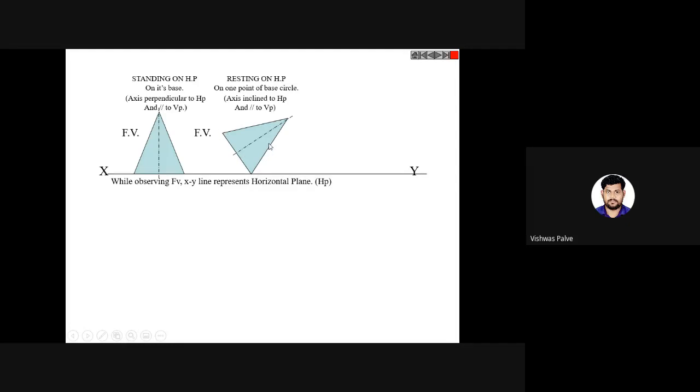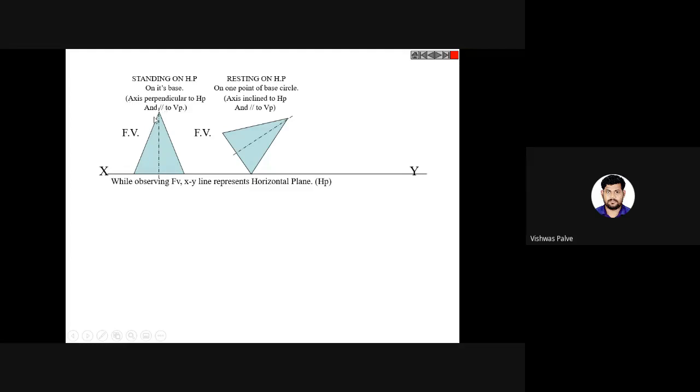It is an imagination that we have a cone with us, and we are observing the front view of the cone, so you will get a triangle. Suppose the cone is inclined with an angle, then the front view has to be inclined by that angle. So this is stage one. In any problem, we first have to draw stage one when the object is resting on HP or VP, whatever the condition is. So in this case, what is happening?